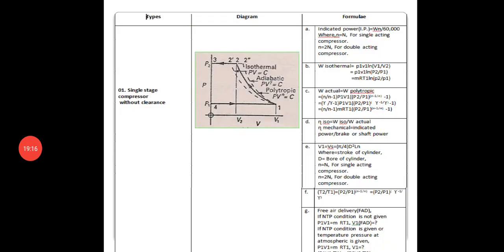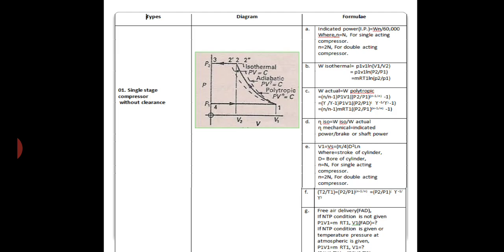In this slide we can see the single-stage compressor without clearance, for which we have drawn the PV plot, and some important formulas such as the indicated power: IP = W n/60,000, where small n is equal to capital N for a single-acting compressor and n is equal to 2N for a double-acting compressor.